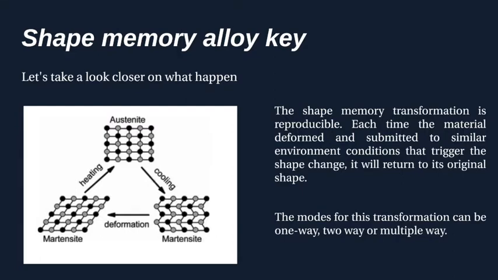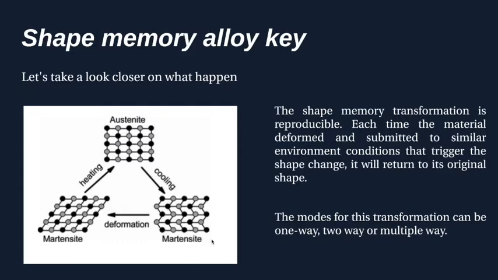So the key is when you increase temperature, the material, the alloy, goes back to the austenite, and when it cools down, in a quench process, it will go to martensite.